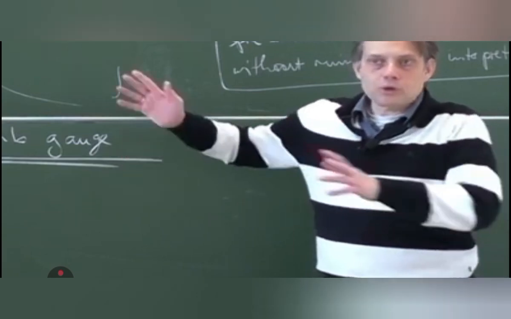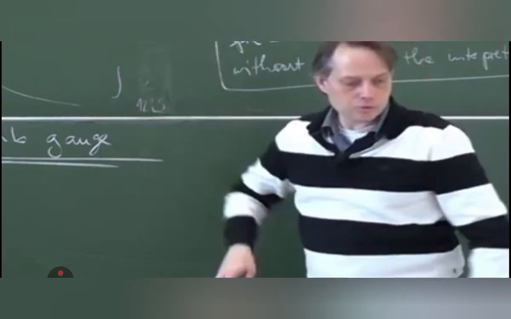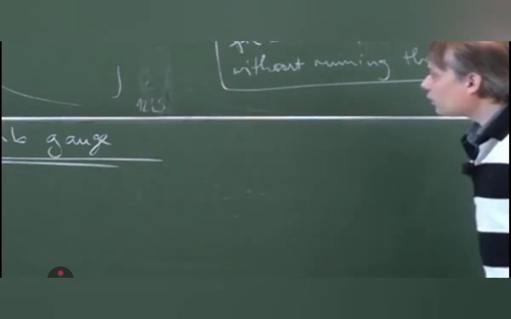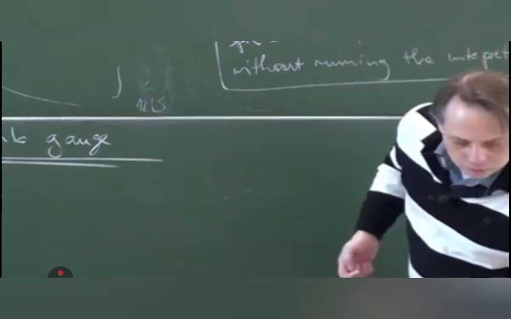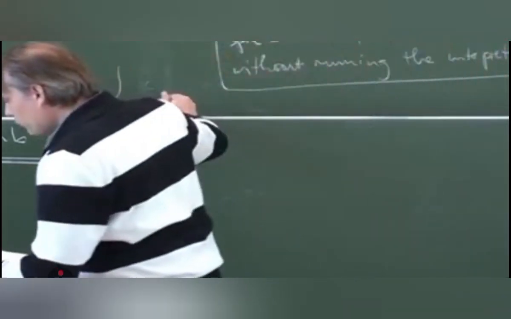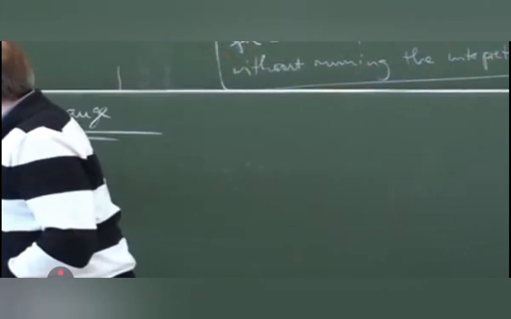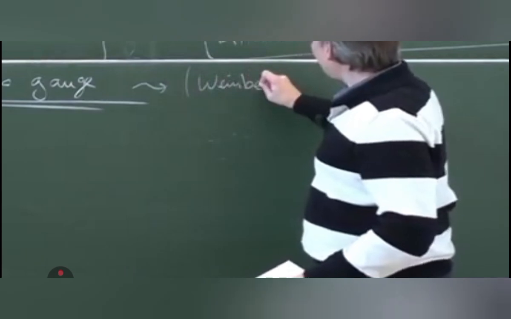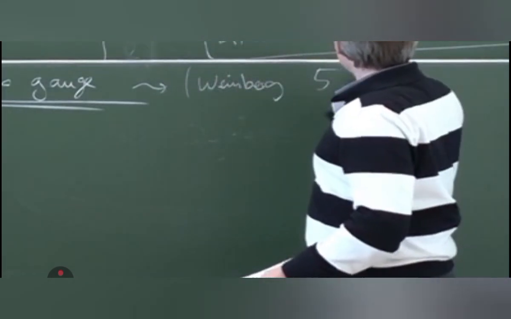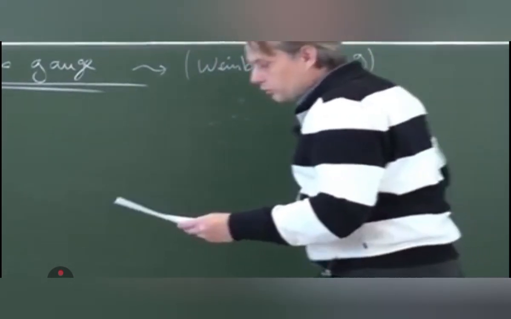So we already saw the two options 2 days ago in our general analysis, and now we focus on this second option, at least as a brief set of remarks. So you can find more about this also in Weinberg's textbook in section 5.9. He only uses this approach.